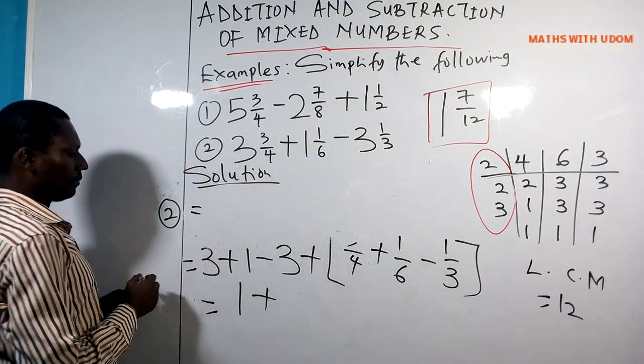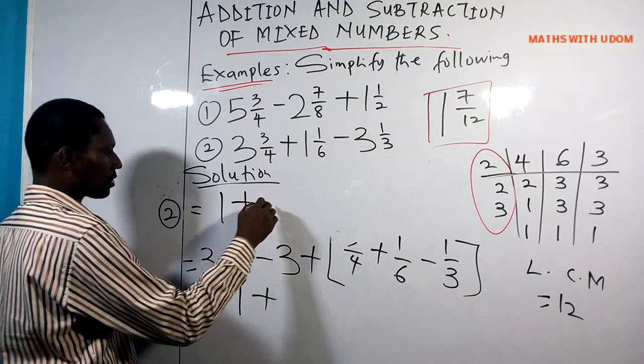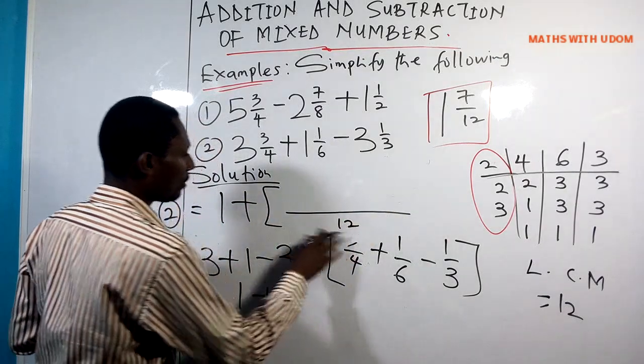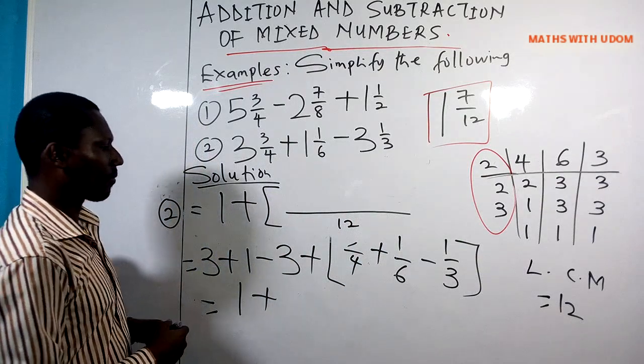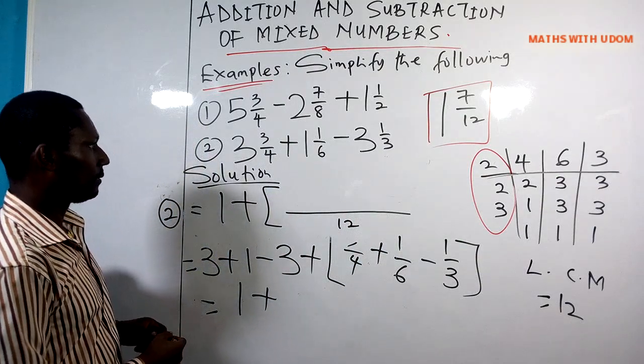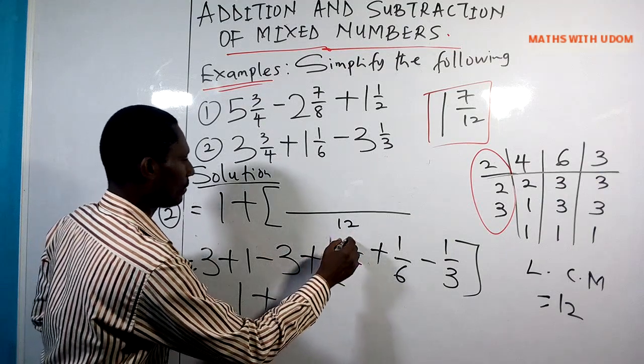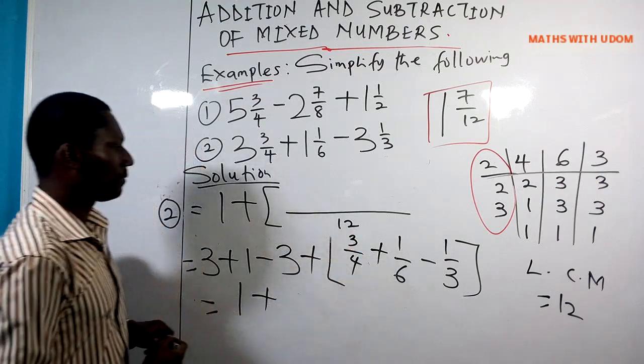So we have 1 plus, you open a bracket, our LCM we got was 12. Remember this was 3.